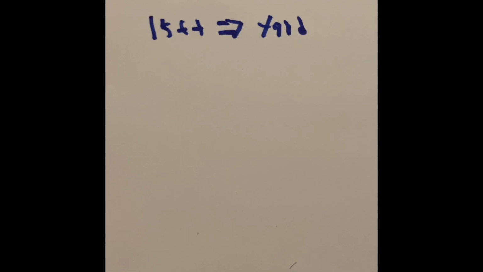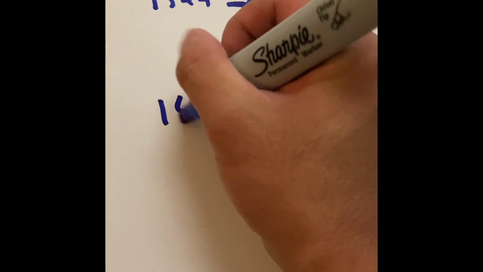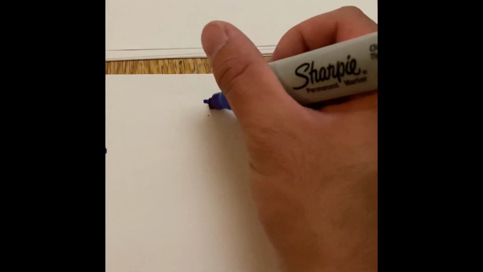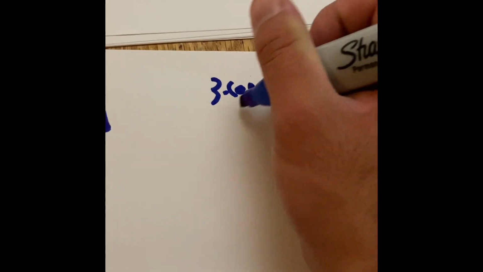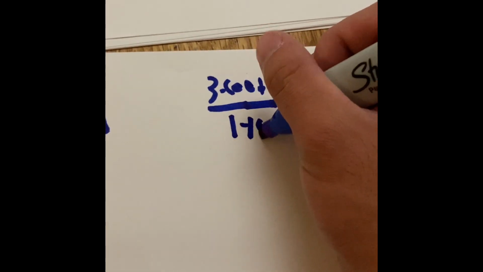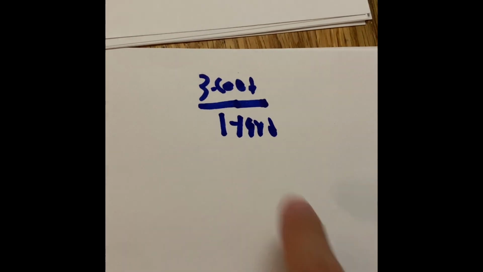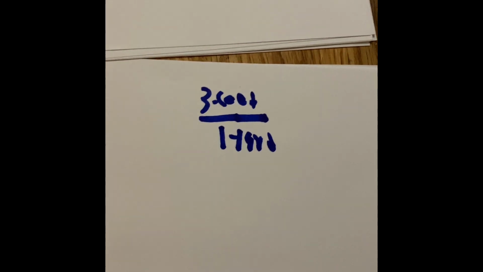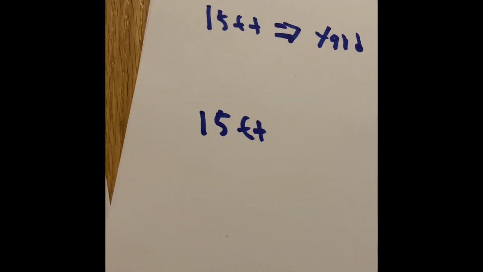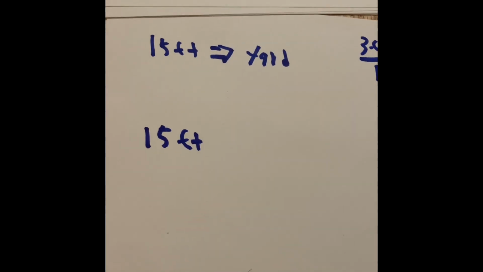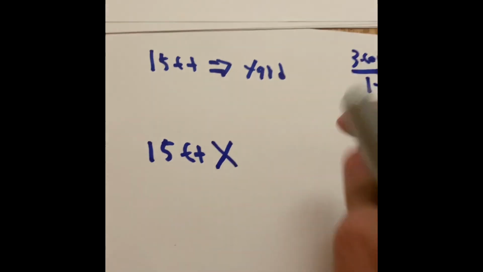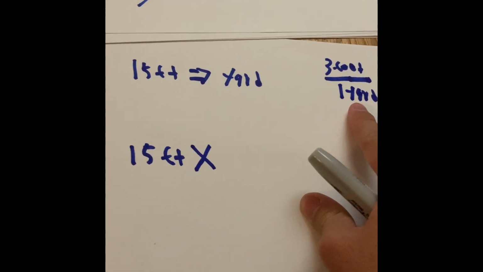Here's what's going to happen. If we have 15 feet, we use the conversion that 3 feet is equal to 1 yard. That's going to be our tool for solving how many yards 15 feet is equal to. We multiply by a fraction like that.